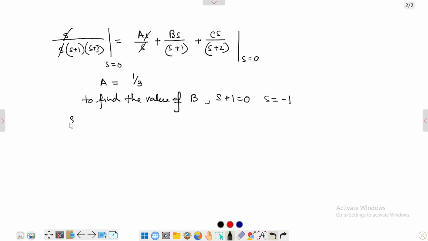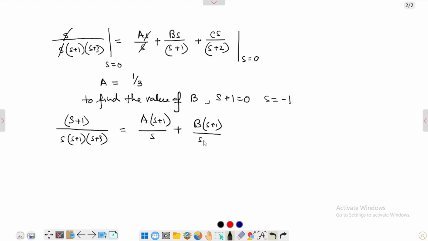Again I will multiply both sides by s plus 1, and those terms go away.